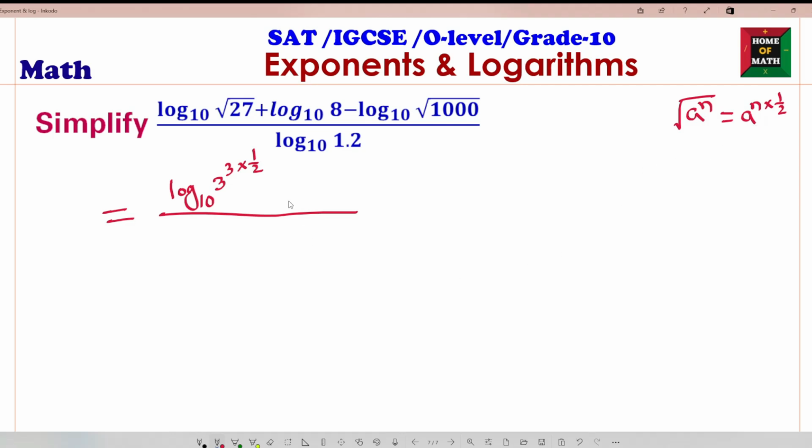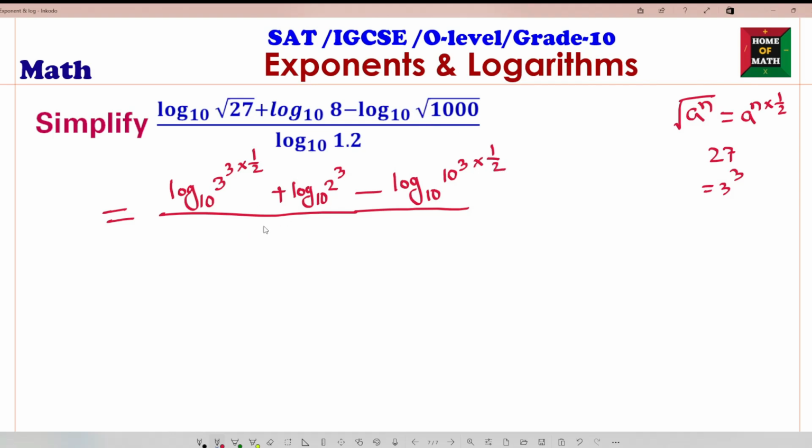And 27 we usually write like this, 3 to the power 3, plus here is log base 10 of 8, we can write 2 to the power 3, minus log base 10 of 1000, we can write 10 cube, and against this root we can write times 1 by 2.